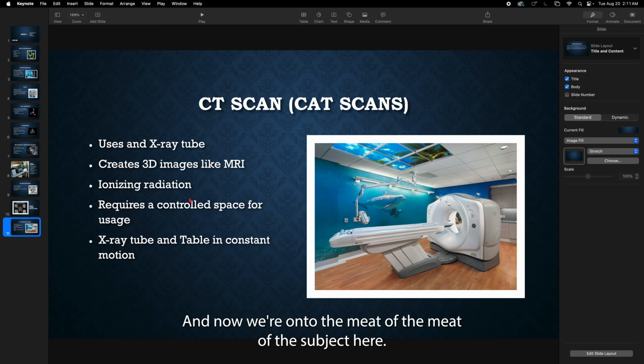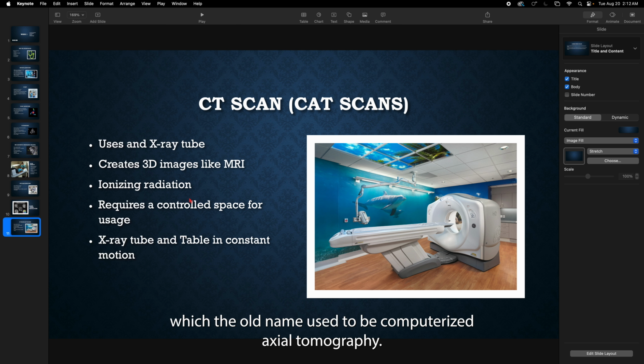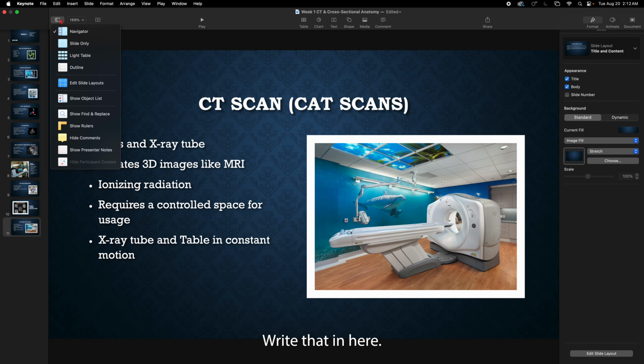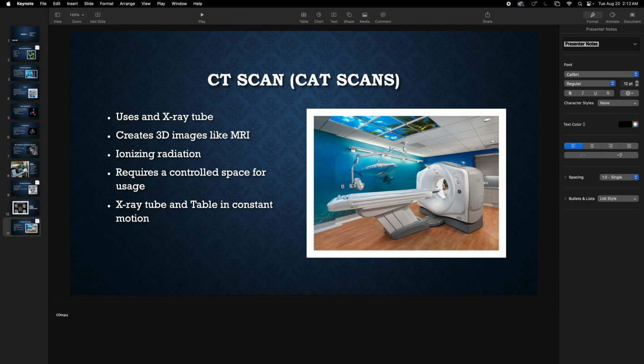All right, now we're on to the meat of the subject here, CT scans. CT stands for computerized tomography, which the old name used to be computerized axial tomography. Let me write that in here.